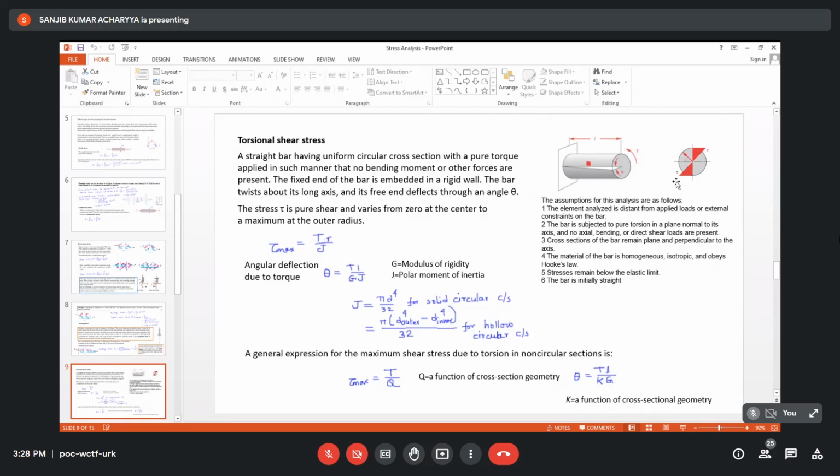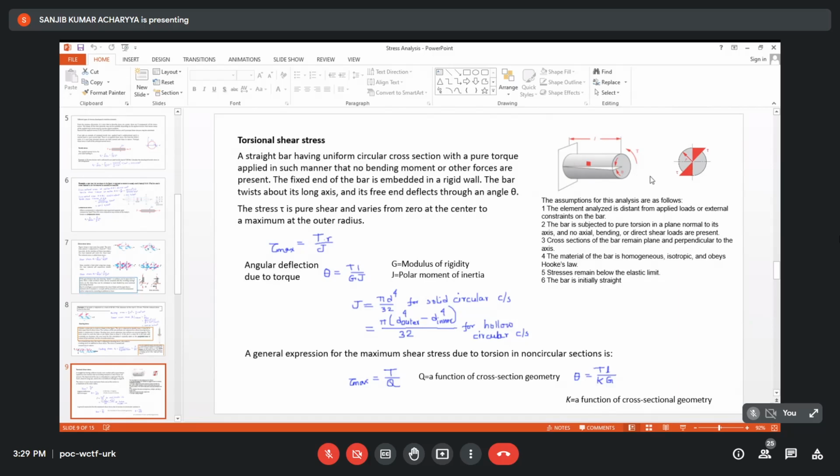Yes, sir. So which cross section along the length should we take here is irrelevant. Can I pass this statement? Yes, sir. Now what is important is that when a circular body is subjected to torque, where can maximum stress develop? At the surface? Yes, sir, any point on this surface.